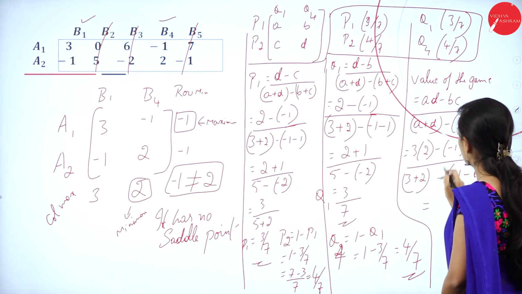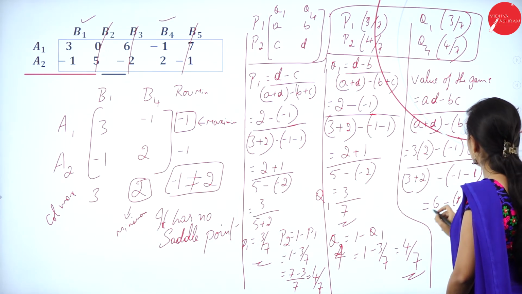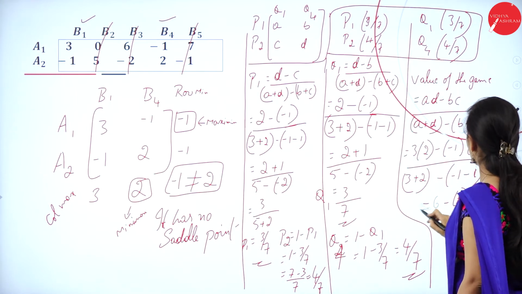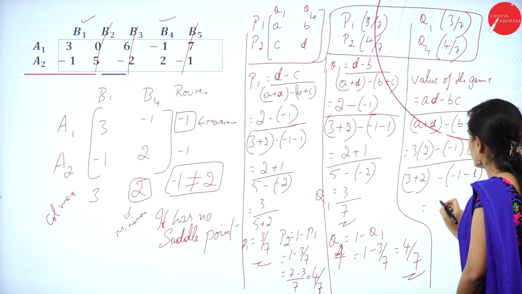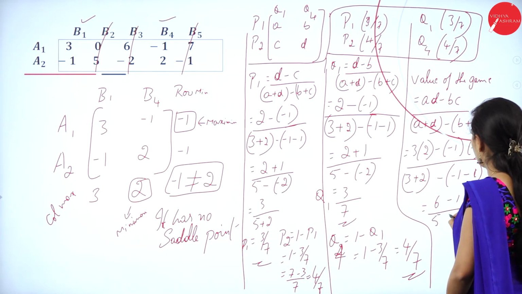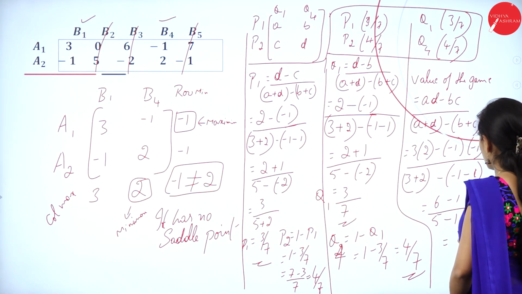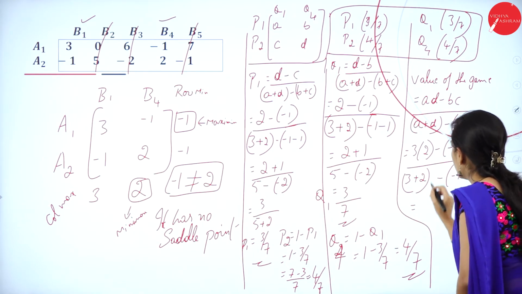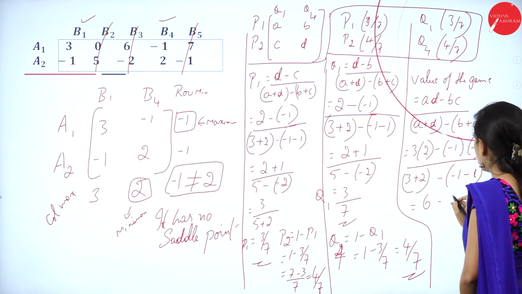So you'll get 6 plus 1 by 5 minus 2. 3 into 2 is 6, minus into minus is plus 1 into 1, 1.